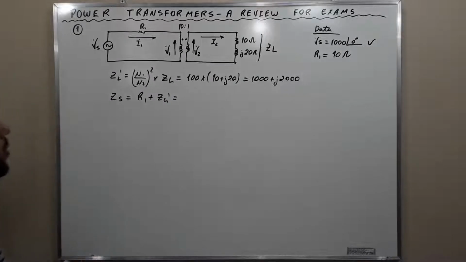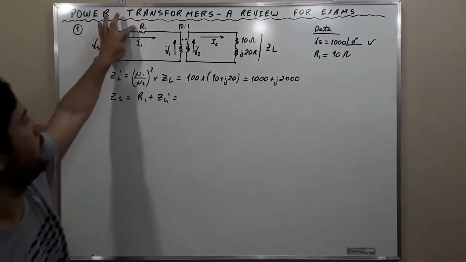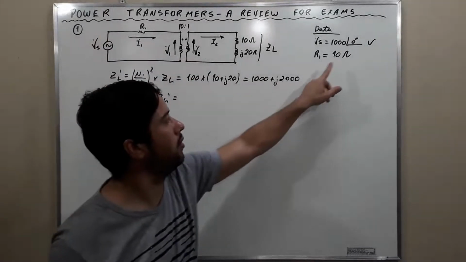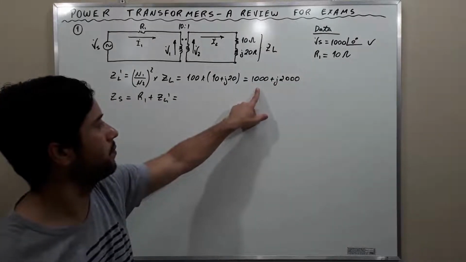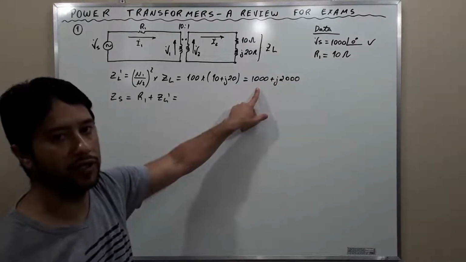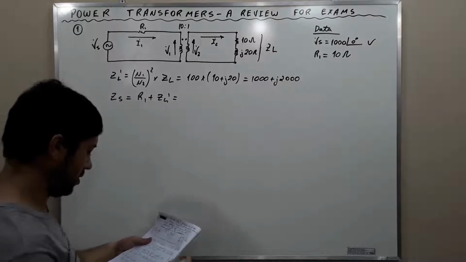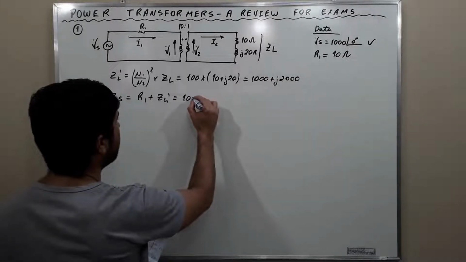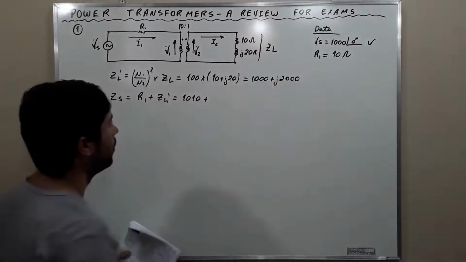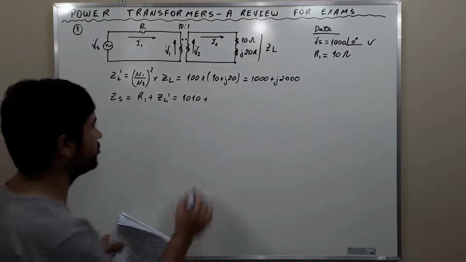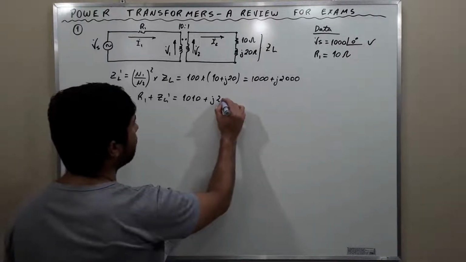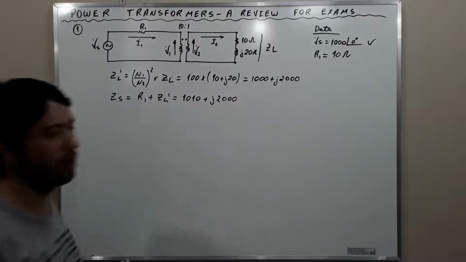And it is going to be 10 plus 1000 plus J2000, and then it is 1010 plus J2000. Alright.